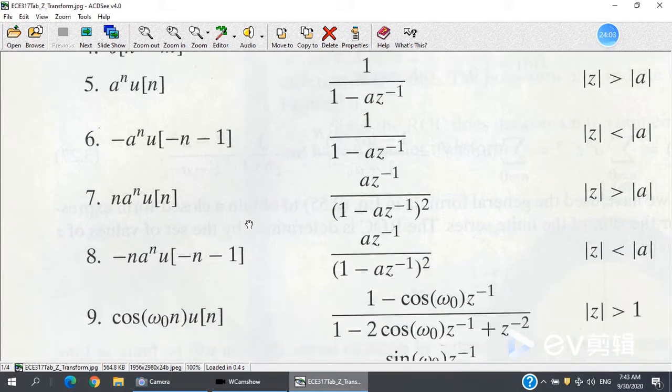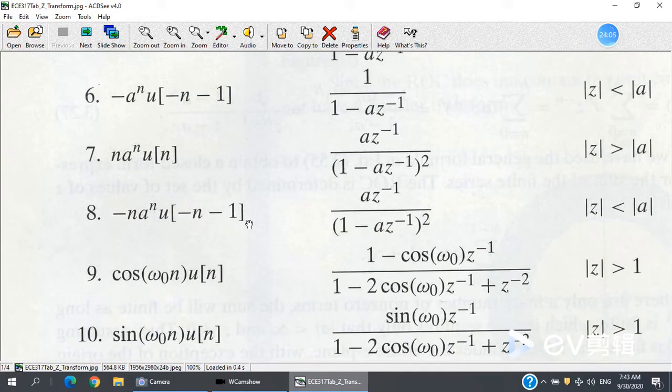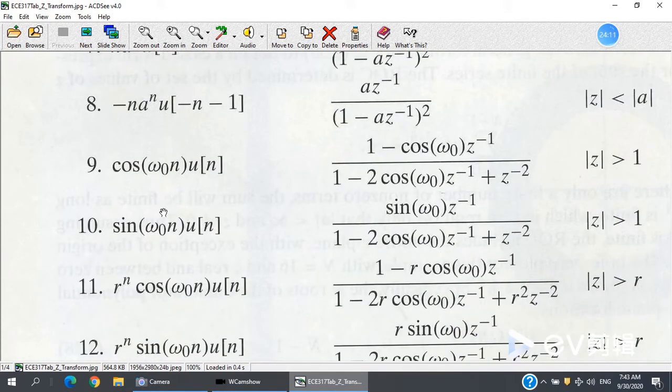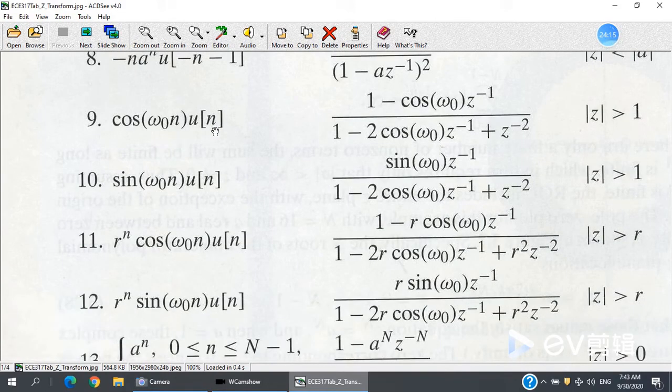And the 7s and the 8s, they are also pairs. These two are also pairs. And then we have cosine. This cosine times u of n means the cosine starts from n equal to 0. For negative n, this signal is 0, so no values.